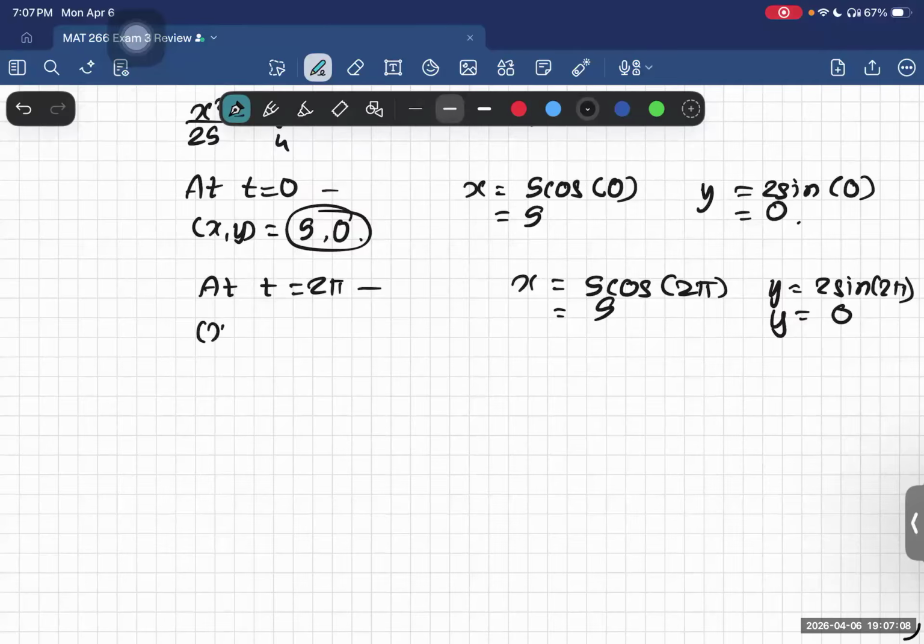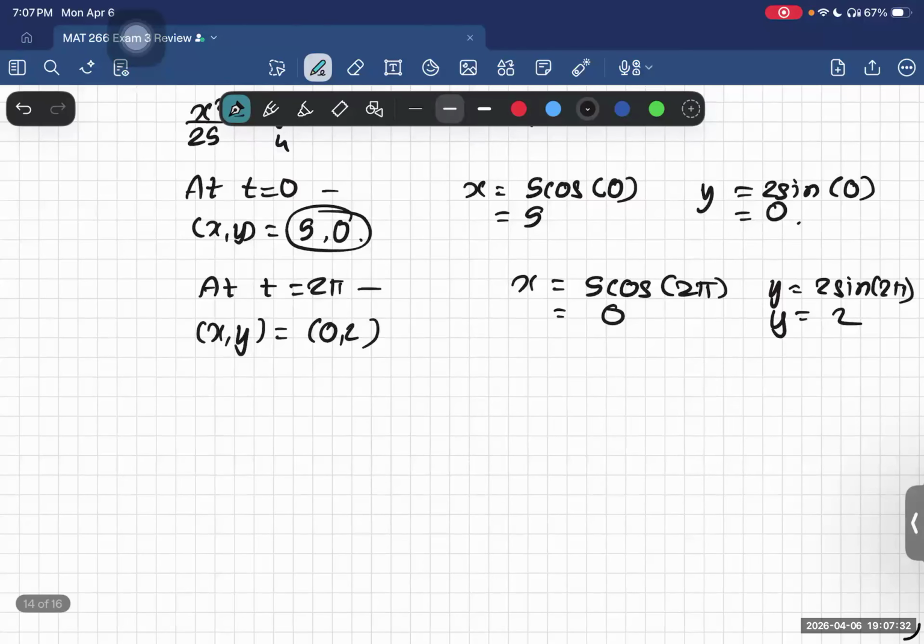So my x and y value again are 5 and 0. Oh, all right. Wait, I made a calculation error. Sorry, my bad. It's 2 pi, not pi. So it's 0, and this is 2. 0 and 2. Okay, my bad, guys.